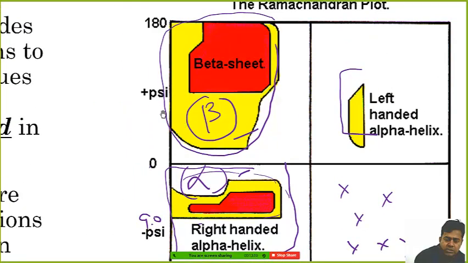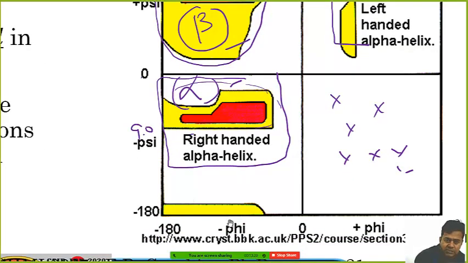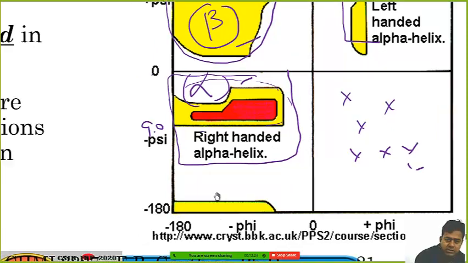And the y position is psi. So starting here also with minus 180, 0 is minus psi. So minus psi, minus phi. This belongs to the minus 180, minus 40 region, right? And then you can see this is 90. Minus psi means 90. So this is the right-handed alpha helix.